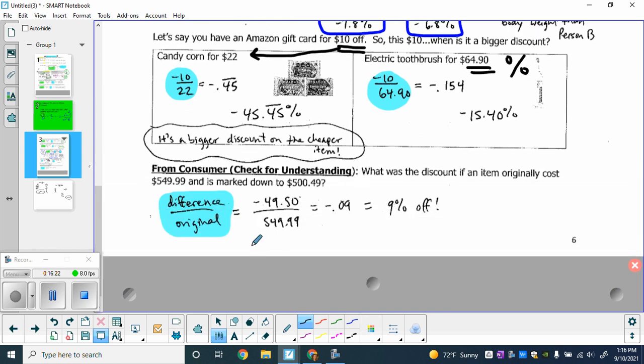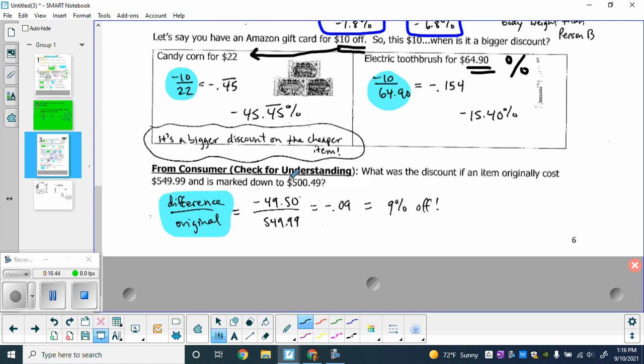And here we are. This one I wanted to review and call your attention back to something that you've already seen. A couple classes ago, we talked about tax, tip, and discount, and you had a Google form check for understanding. And you were able to answer this question on that Google form because it had answer choices and you could just guess and check by plugging them in.